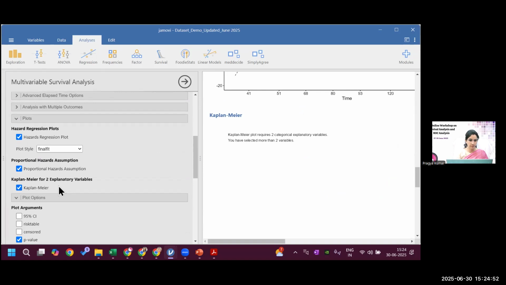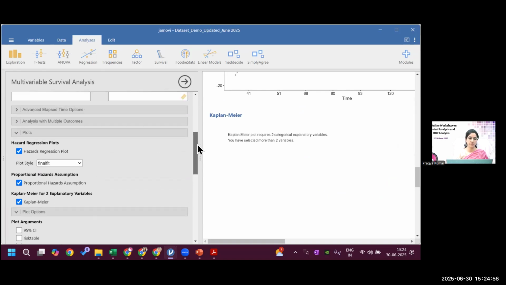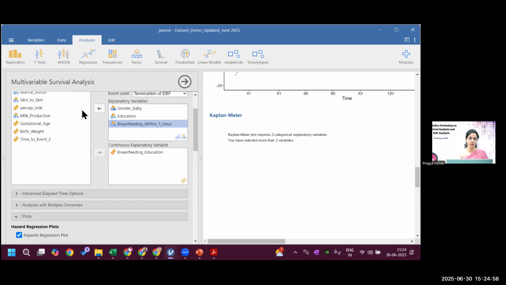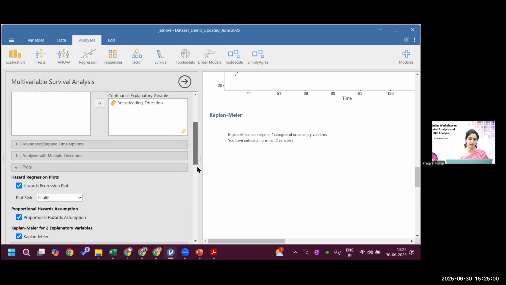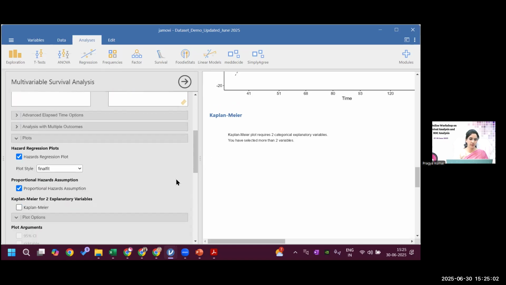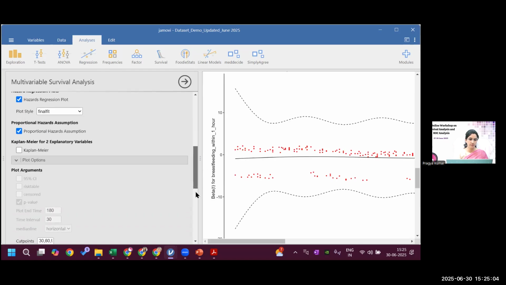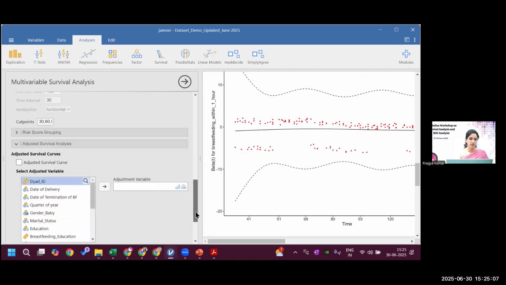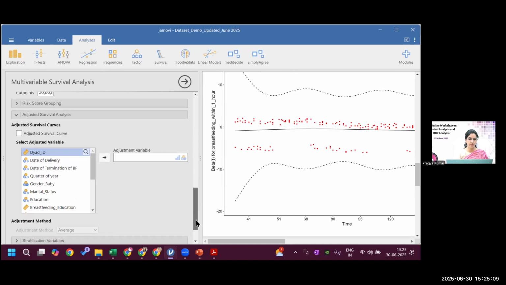Then for Kaplan-Meier, it is only for 2 explanatory variables. If I have to move other variables to this window, it will give me the. So I'm just skipping this for now. And then the adjusted survival curve, if you want to adjust it for, let's say, gender of the baby, then you may get an adjusted survival curve.